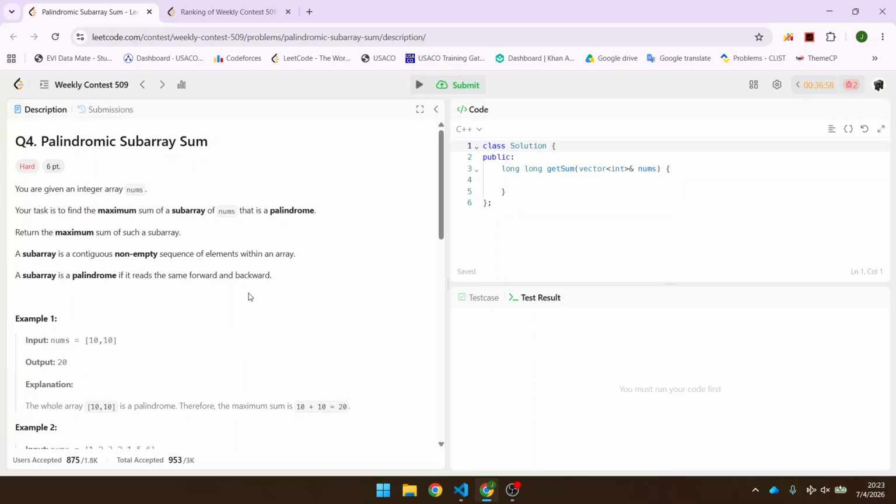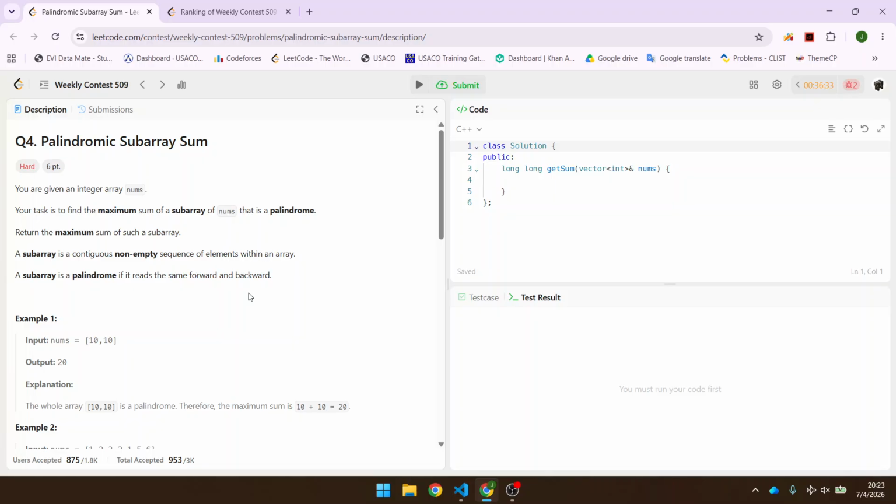Palindromic subarrays. Two consecutive indices.